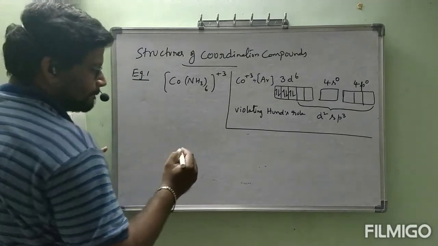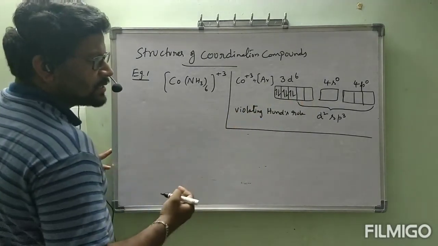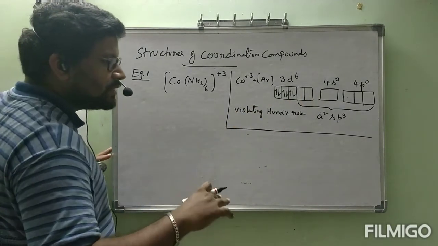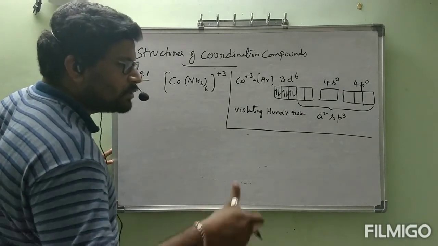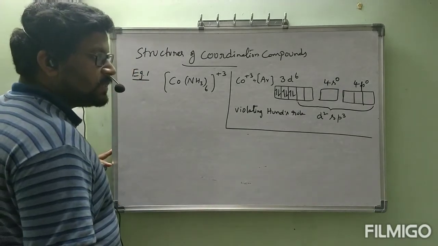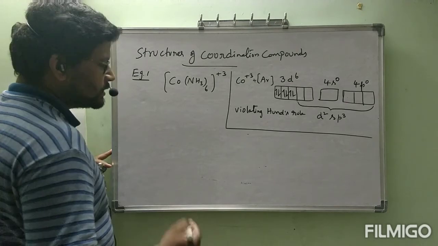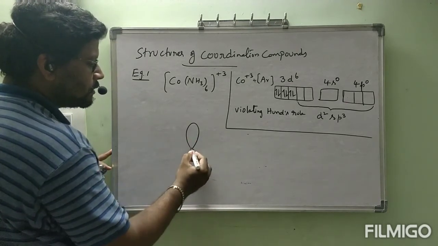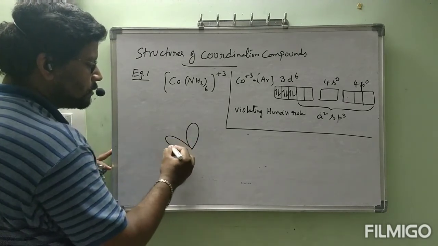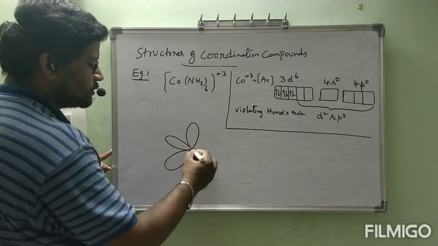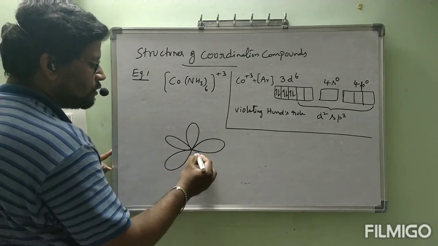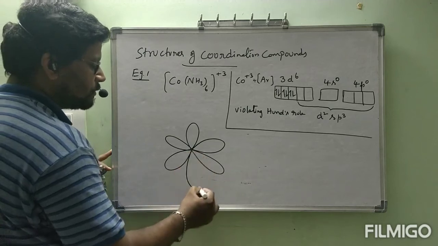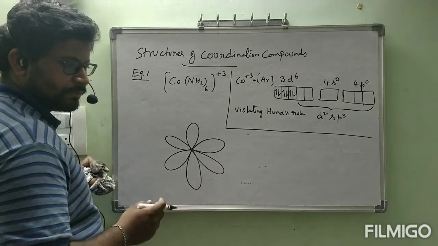Now, how many empty orbitals are there? 6. 6 empty orbitals are intermixed to form 6 empty d2sp3 hybrid orbitals. 1, 2, 3, 4, 5, 6.